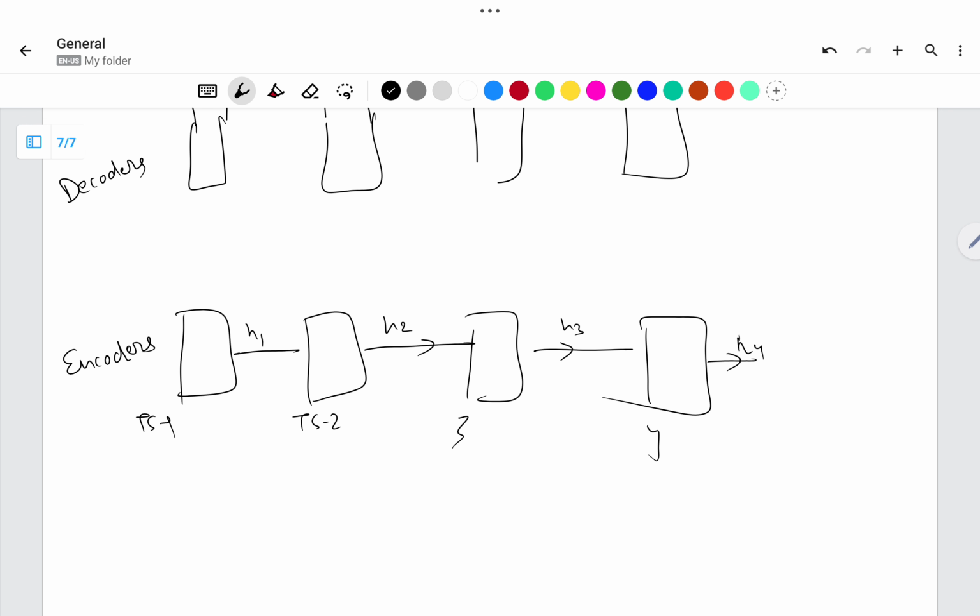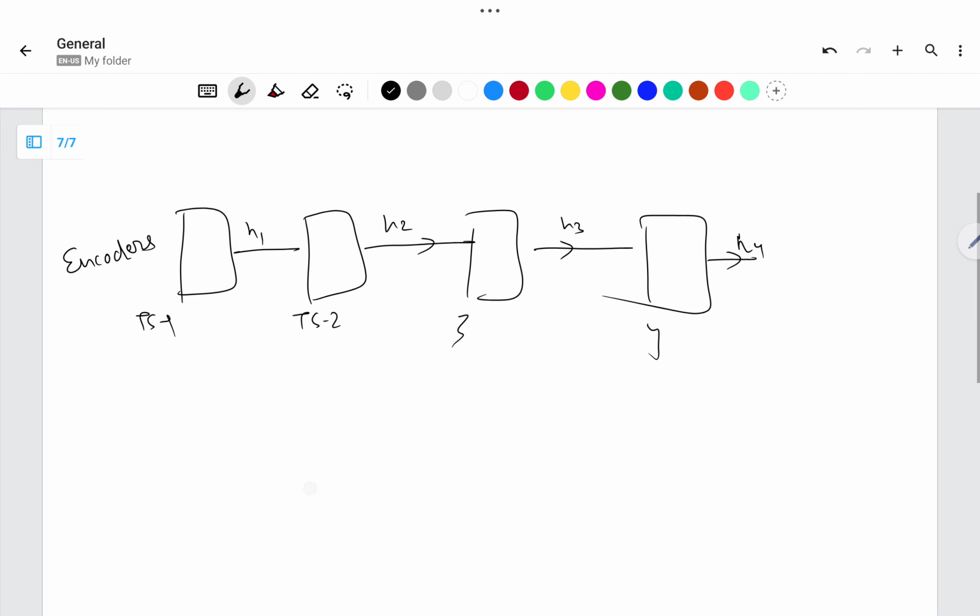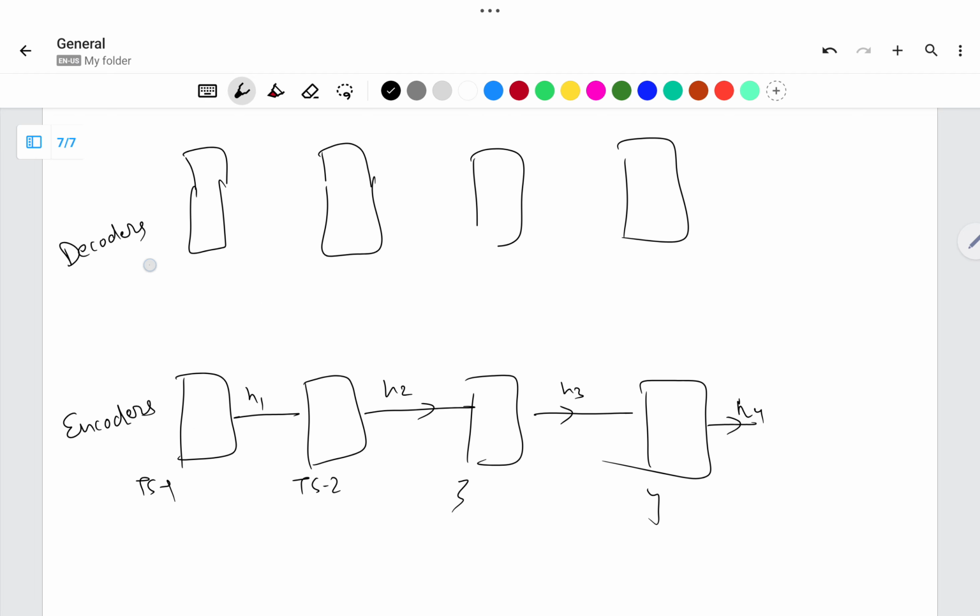So what attention would do is it would take a weighted sum of all these vectors. So there would be multiple time steps in our decoder block also. In our decoder blocks also, there would be multiple time steps. Okay.